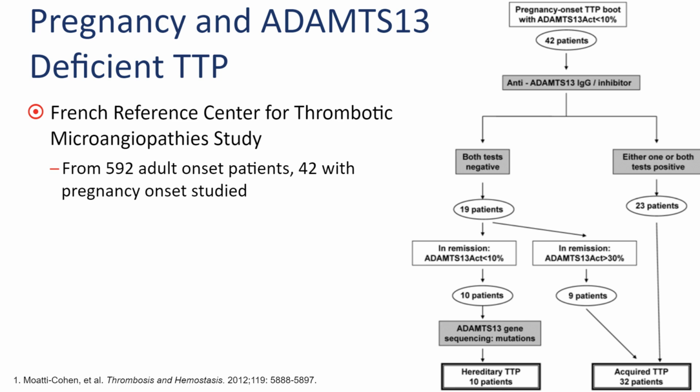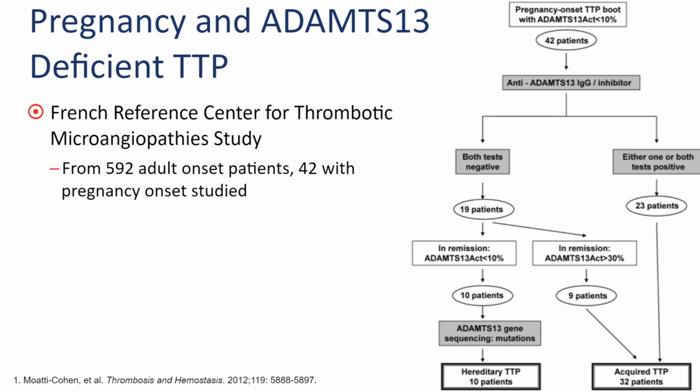So in patients who did not have evidence of an inhibitor, both in the titer and the IgG concentration, they found 19 patients and continued to follow them. And in remission, 10 remained persistently ADAMTS13 deficient, while 9 recovered the ADAMTS13 activity, making them more consistent with an immune-mediated acquired form of TTP. These 10 patients were then confirmed to have hereditary or congenital TTP.